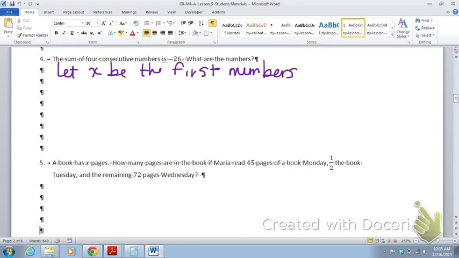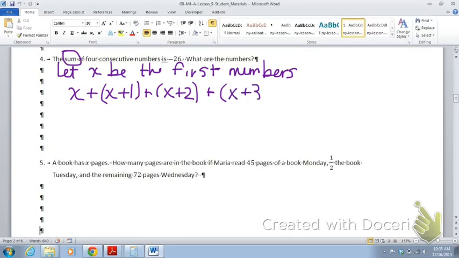So if we let x be the first number, then our equation is going to be, I want the sum of the 4 consecutive numbers. So there's the first one. Here's the second one. Here's the third one, x plus 2. They're just one more. And here's the fourth one, x plus 3.